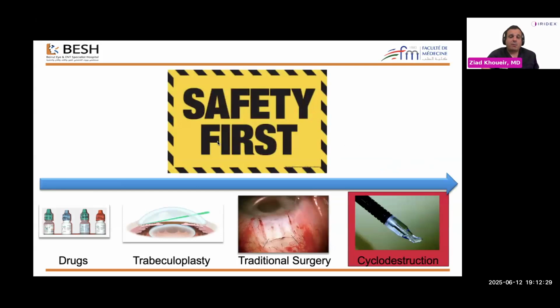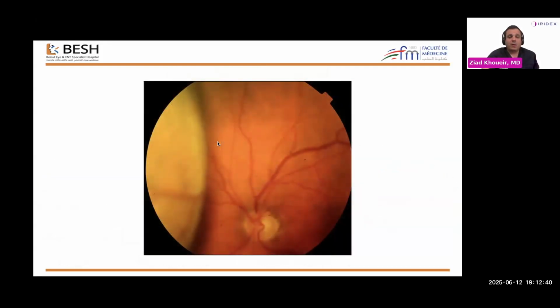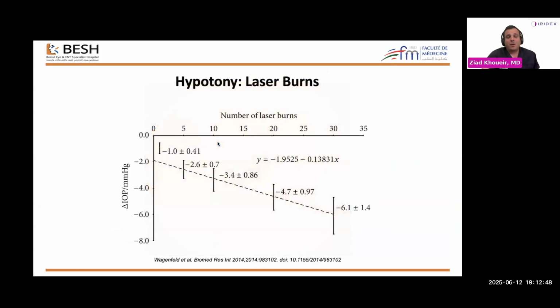And in this presentation, I'm going to share some pearls to try to make this procedure safer in our hands. So as we know, the most dreaded complication is hypotony or even phthisis. And we know studies have shown that the extent of IOP reduction that you get in cyclophotocoagulation is proportional to the number of laser burns that you apply during the treatment.